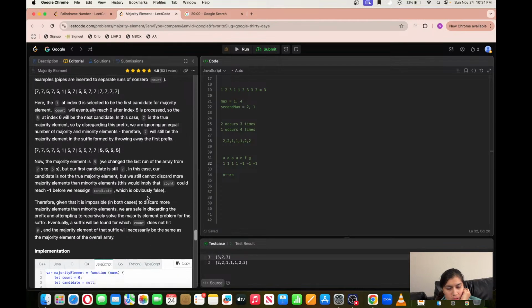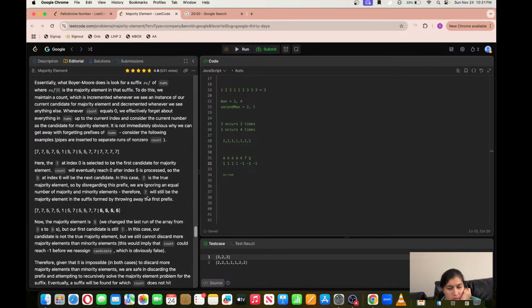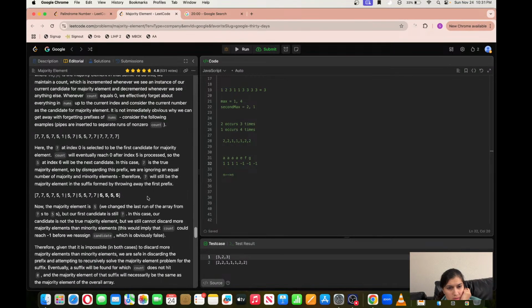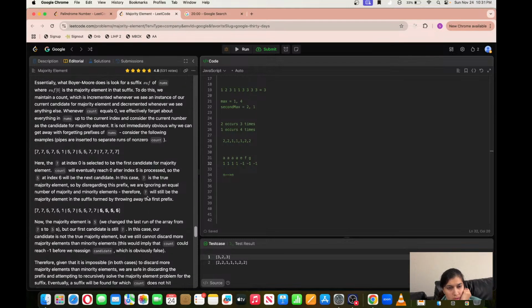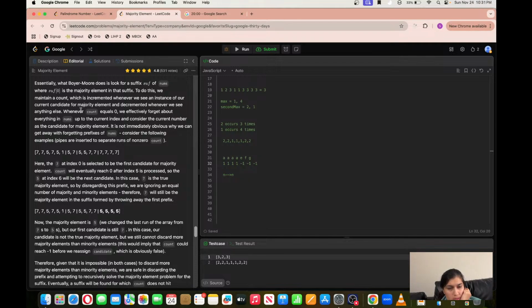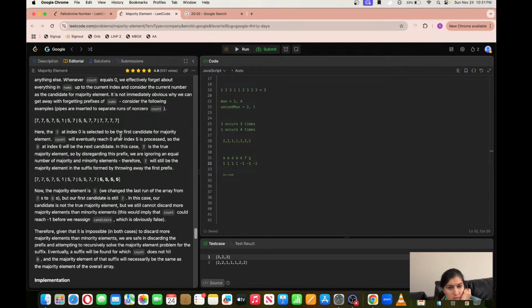Interesting. So yes, this is true. It only takes constant time because whenever the count reaches zero, we forget and consider the current number as my candidate and then do it again.